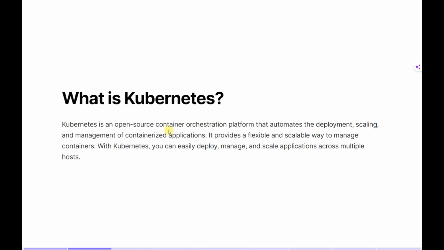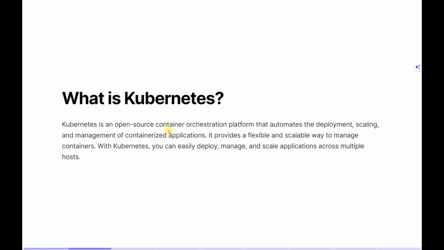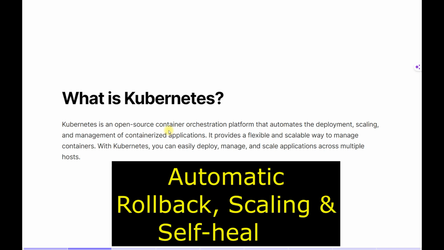So Kubernetes actually provides highly resilient infrastructure with zero downtime deployment capability. That's why many organizations are using it. If we talk about the features, it has many unique features that help you to run your business 24 by 7. That's why many big companies are using Kubernetes. Kubernetes has features like automatic rollback, scaling, and self-healing of the container.